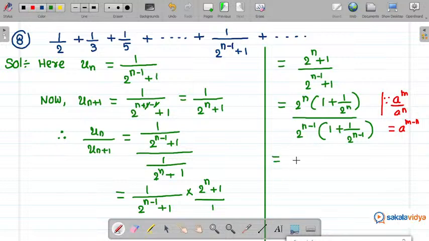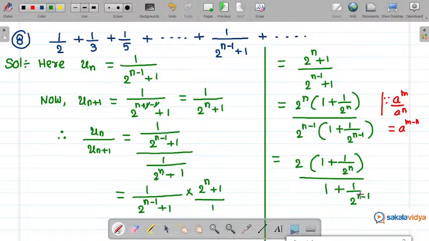This equals 2 to the power of n minus (n minus 1), that is n minus n plus 1. So, 2 to the power of 1, that is 2, we will be getting. So, 1 plus 1 by 2 to the power of n divided by 1 plus 1 by 2 to the power of n minus 1. Now, we have simplified the value of un by un plus 1.